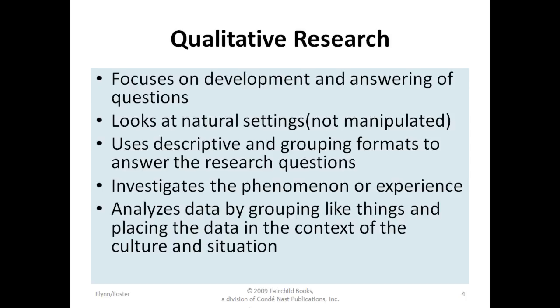With qualitative research, you analyze data by grouping like things and placing the data in the context of the culture or the situation. An example of this would be doing a focus group where you used JCPenney, you use the men's department, and you're looking at men's pants that were bought 2 weeks ago. So you picked your certain place, your product, and your certain time and situation for that study.